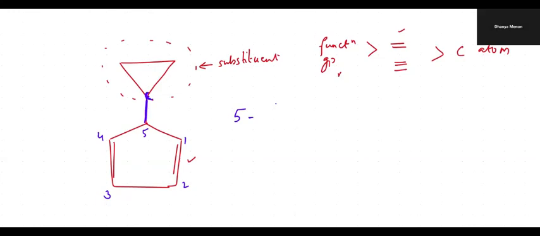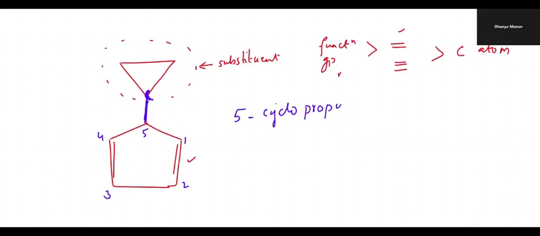It's a cyclopropane group, because it's 3 carbon atoms. But in order to bring this connection, one hydrogen has been removed. So whenever you remove one hydrogen, it is called a yl group.